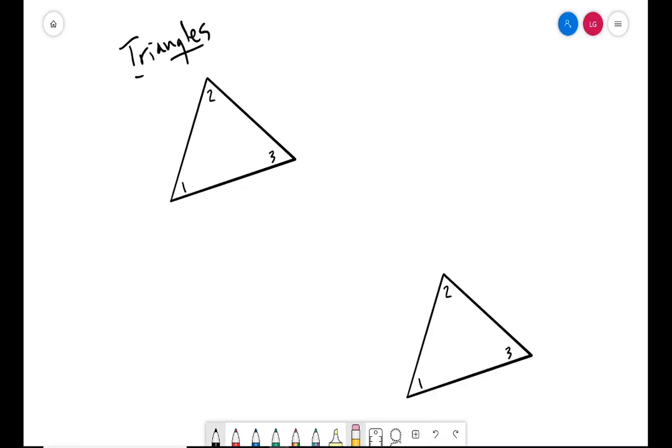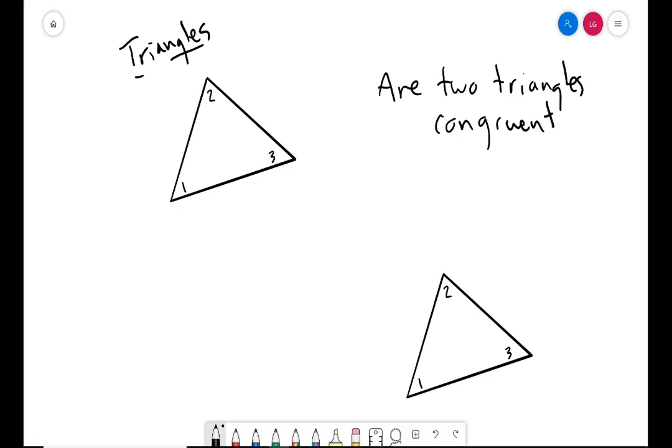What we care about when we're talking about 2 triangles and asking are 2 triangles congruent? What we're asking is, could it be translated in this way. If I were to lift one of the triangles up and orient it in the right way and set it back down, would it match perfectly with the other triangle, right?